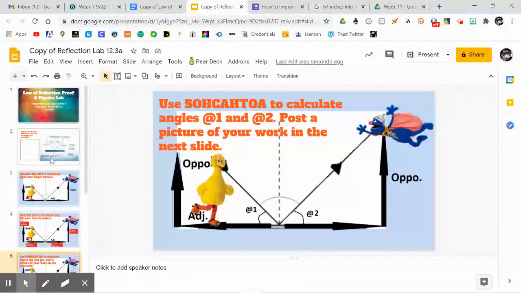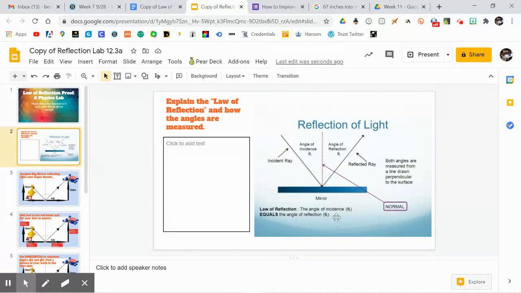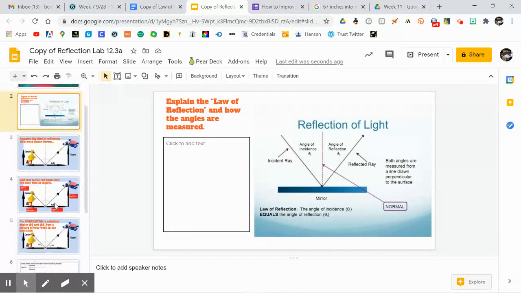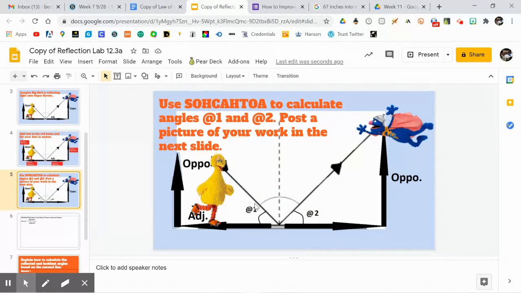If we explained it right, it says that the angle of incidence has to equal the angle of reflection. So we're going to have to calculate both so that we prove that in fact the angle of incidence is equal to the angle of reflection.